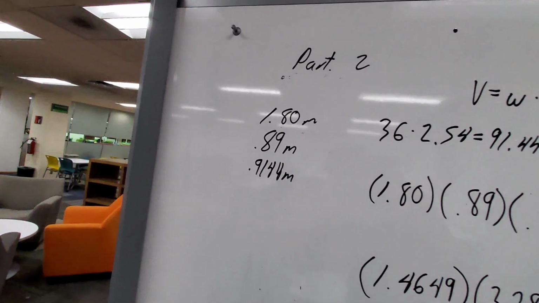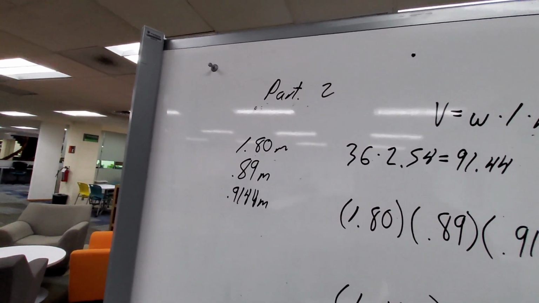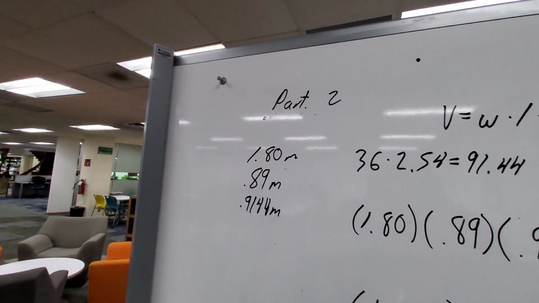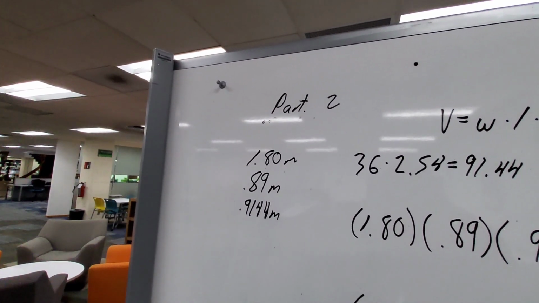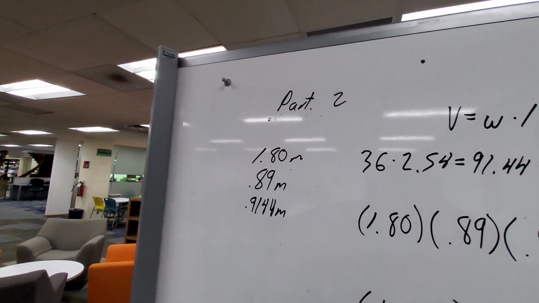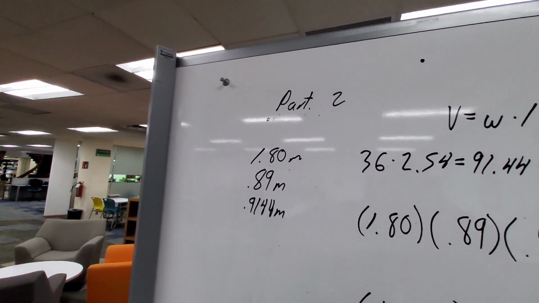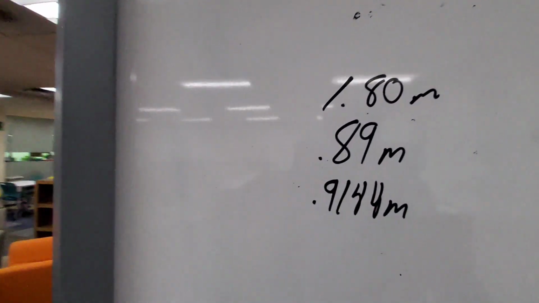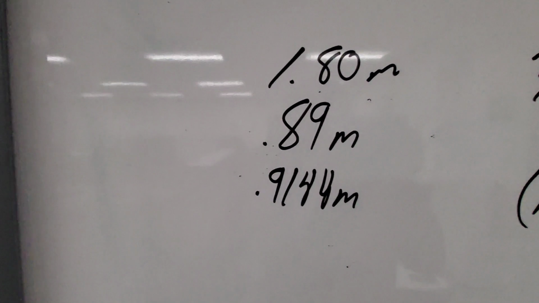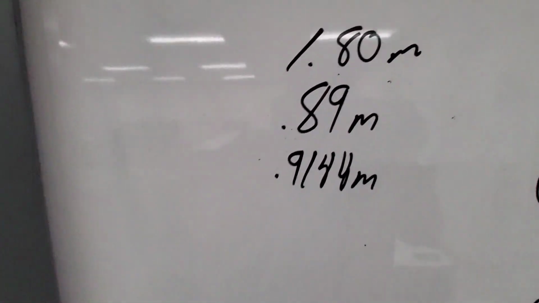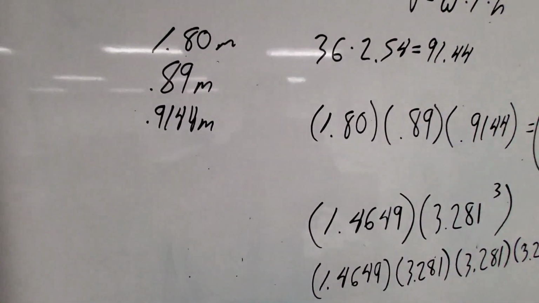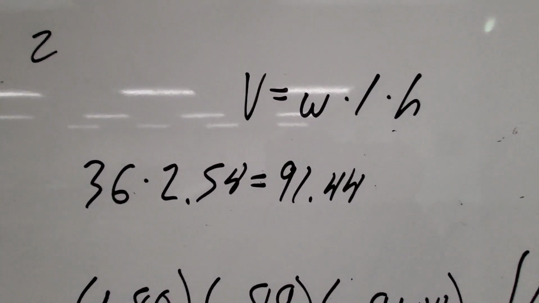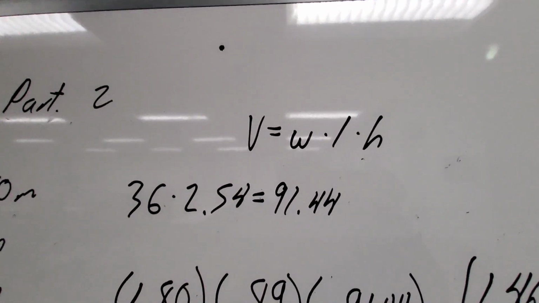It says we have to calculate the volume in cubic feet of a refrigerator that is 1.80 meters in height, 89 centimeters in width, and 36 inches in depth. So we transform these three into meters. The formula of volume is width times height times depth.